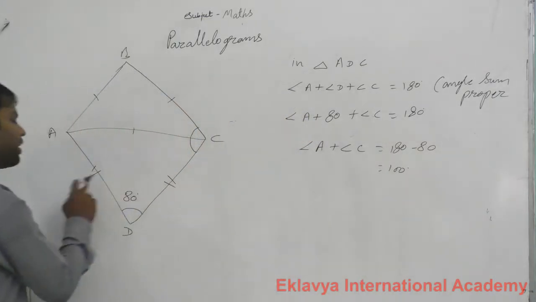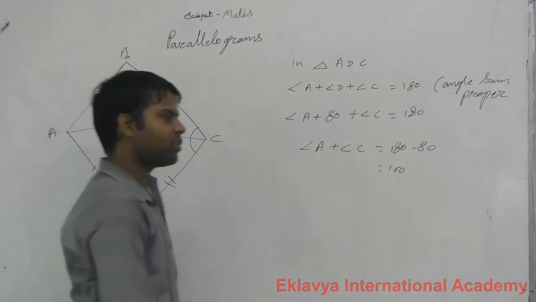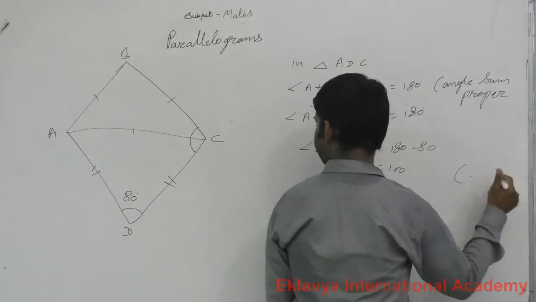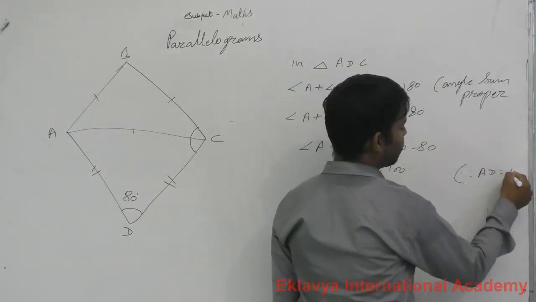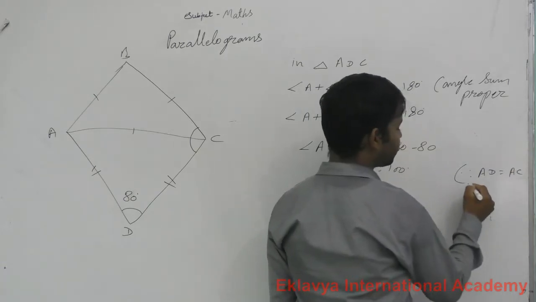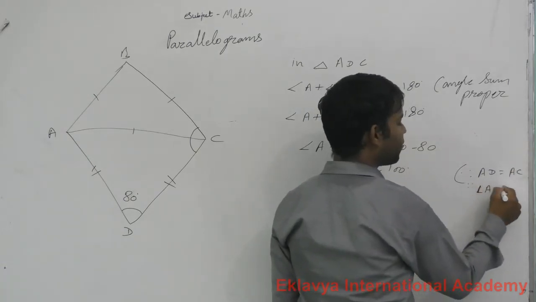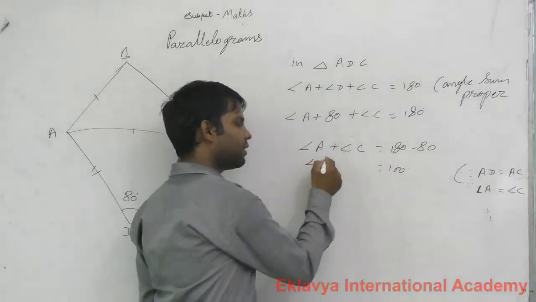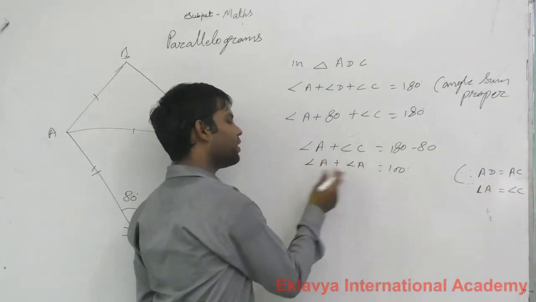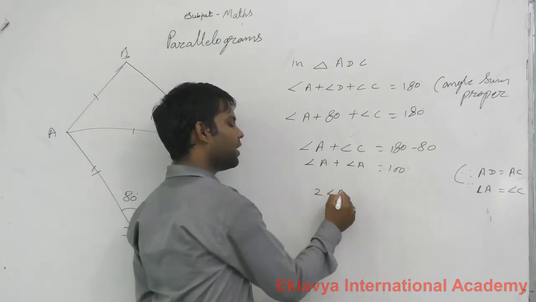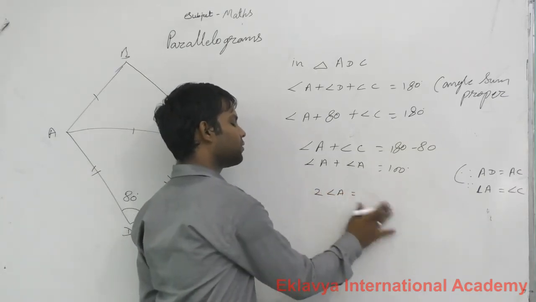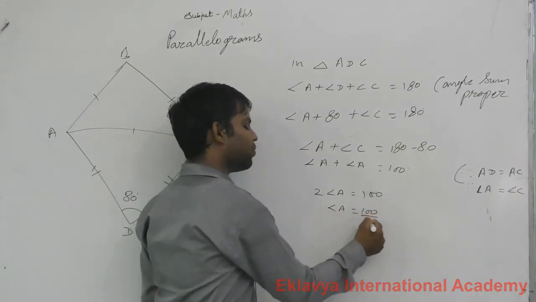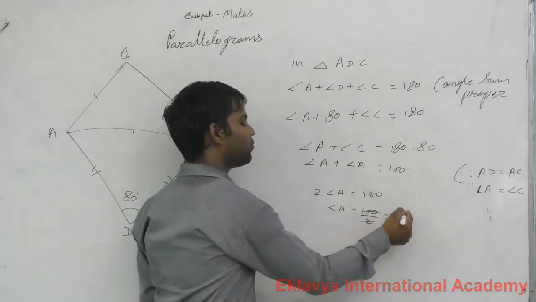But in this triangle two sides are equal, so it is also an isosceles triangle. Then we can say AD equals AC, then angle A equals angle C. So in place of angle C we can write angle A, then 2 times angle A is equal to 100 degrees, or angle A is equal to 100 upon 2, we get 50.